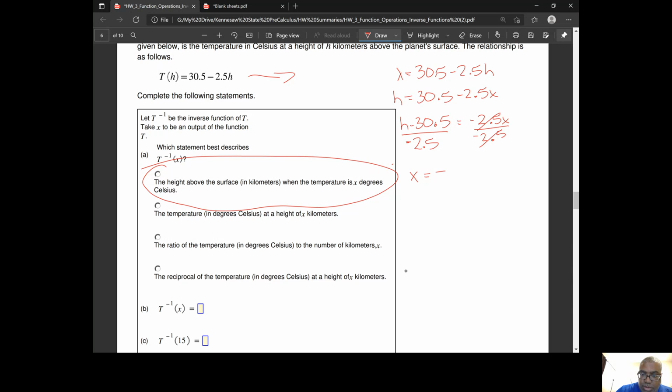So T inverse of x becomes negative h minus 30.5 over 2.5.